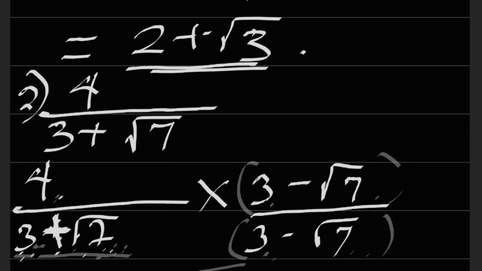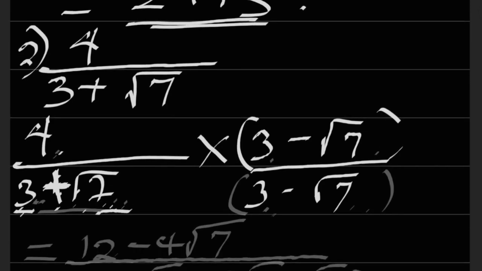So this 4 will multiply everything in the numerator, and what we have here will multiply everything that is here. Let's start with the numerator. This will be 4 times 3 is 12. 4 times minus 7 is minus 4 root 7.